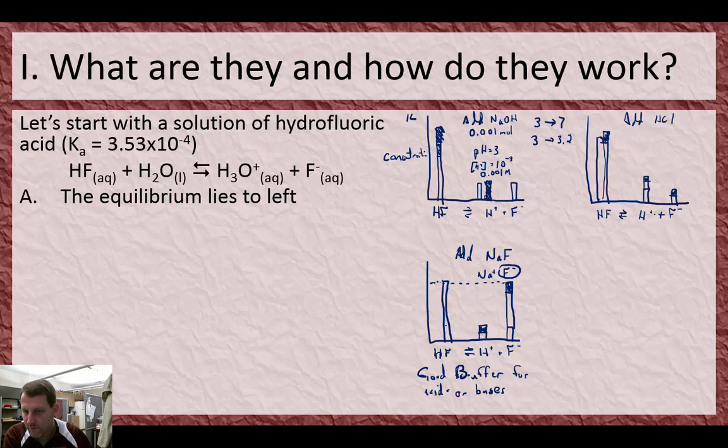That way there's a big reservoir of H+ bound to F, as well as a lot of F- to soak up extra H+ when they need to. So the higher the concentrations, and the more equal the concentration between HF and F-, the better the buffer is.